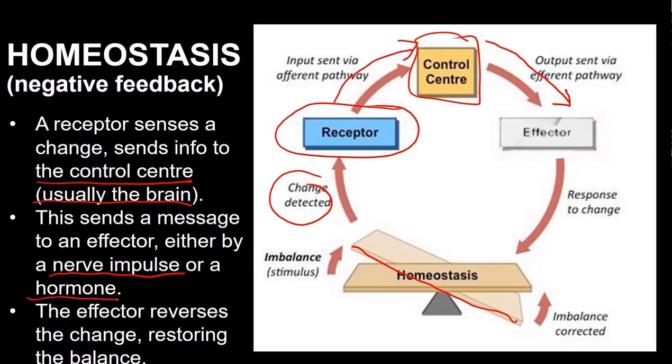Or if it's the glucose level that is incorrect, the message will be sent via a hormone, and the hormone will then act on different parts of the body, and that will cause the balance to be restored. So the effector reverses the change and it restores the balance. In other words, it will be back to normal.